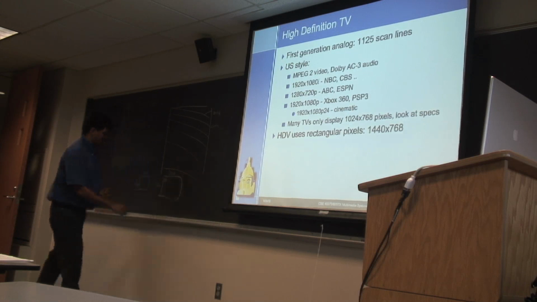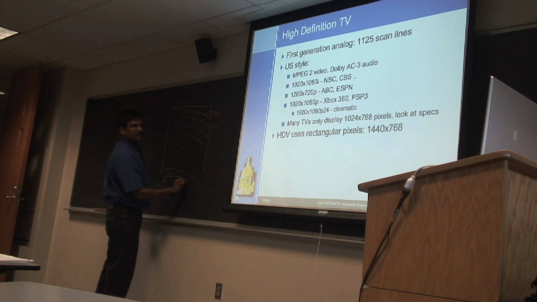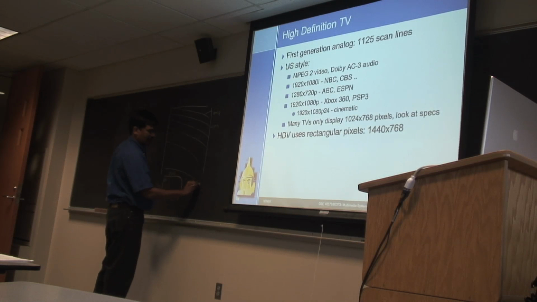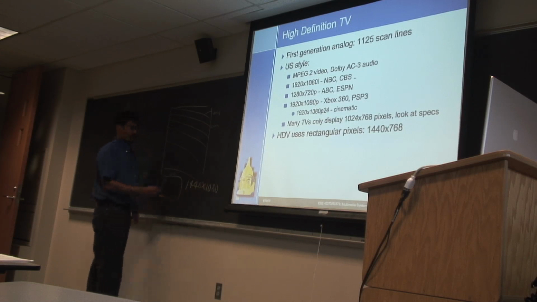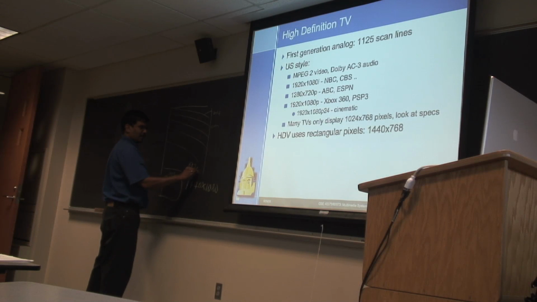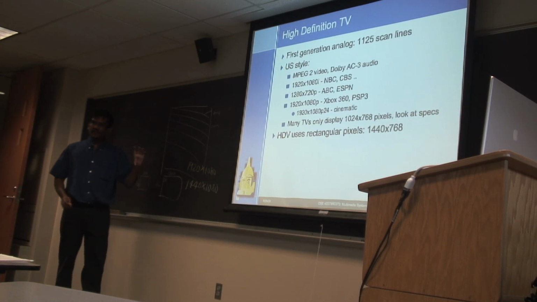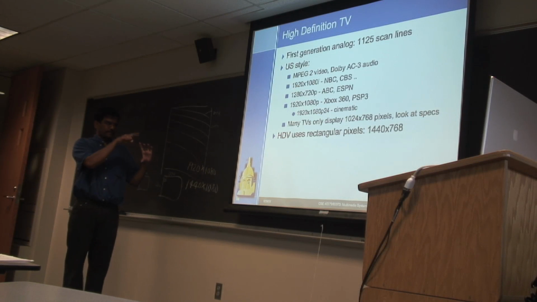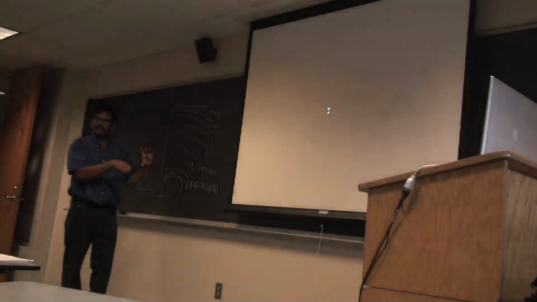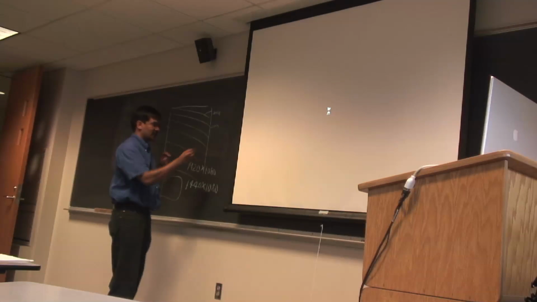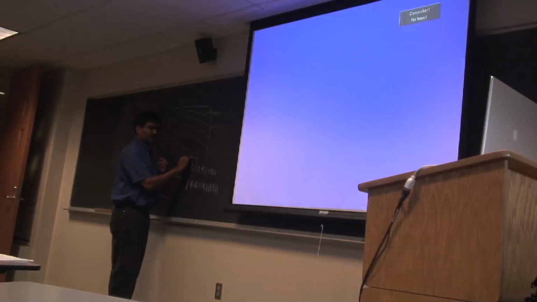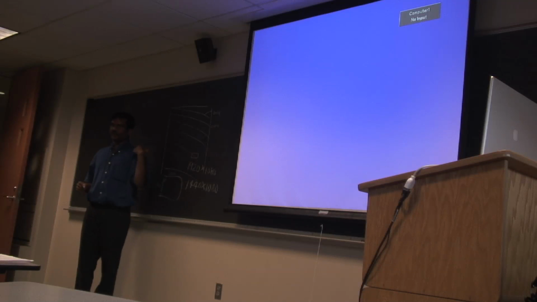So what it captures is 1440 by 1080, and then it converts it into 1920 by 1080, because the height didn't change, only the width changed. So essentially the pixels here are longer, that kind of stuff.